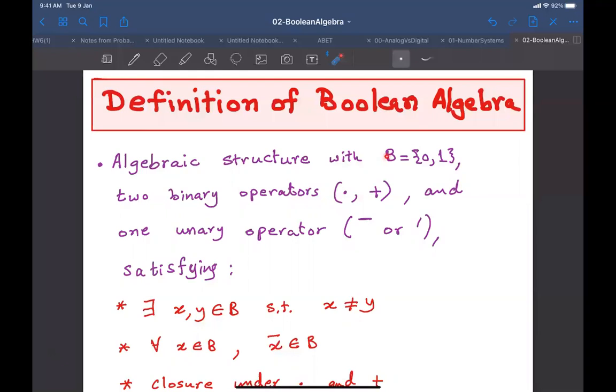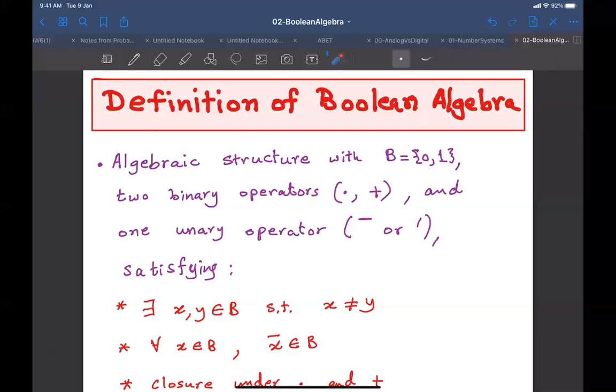First of all, there is a set, and then 2 binary operations and 1 unary operation. The set contains 2 elements for Boolean algebra, 0 and 1. And the binary operators are the and the or, and the unary operator is the not or the complement. So the complement is denoted by a bar over a variable or a prime right after the variable.